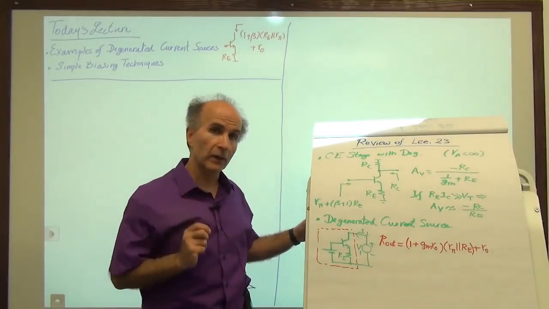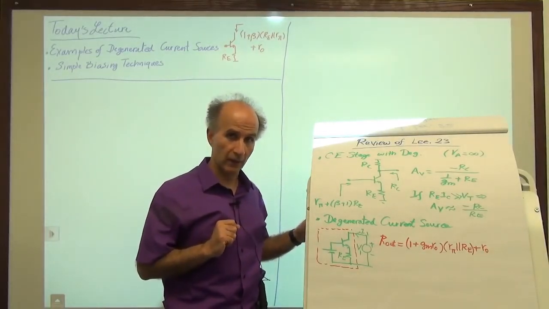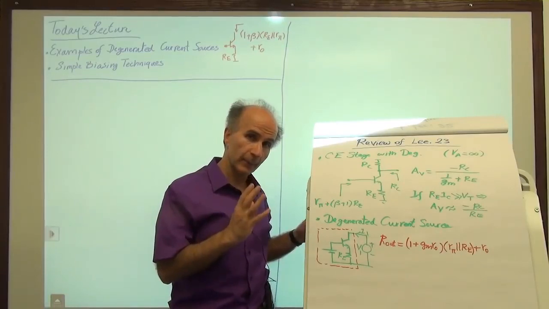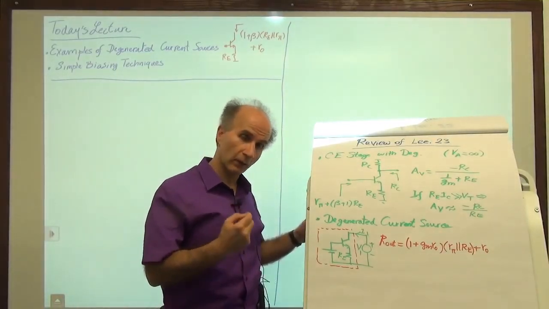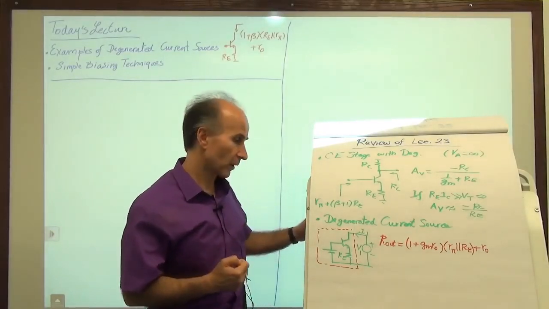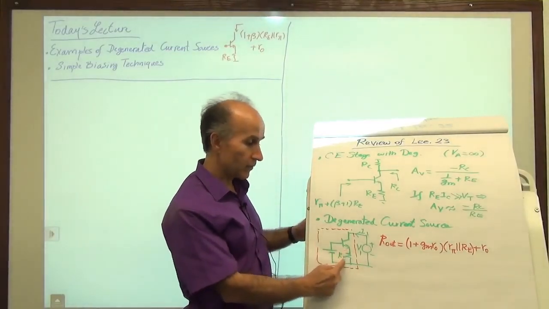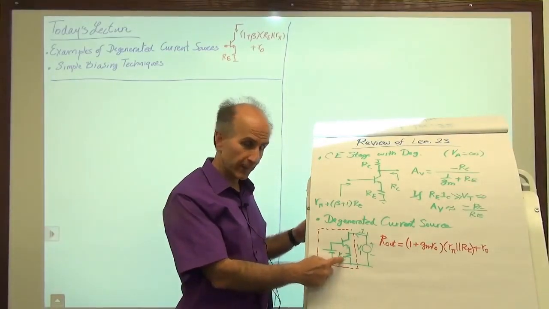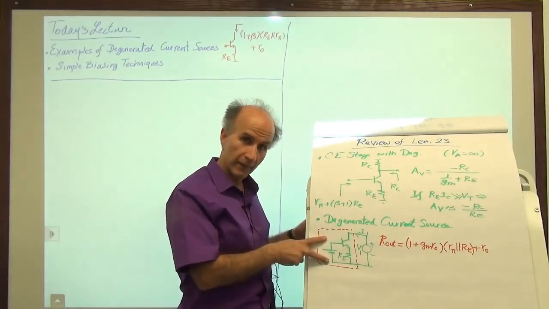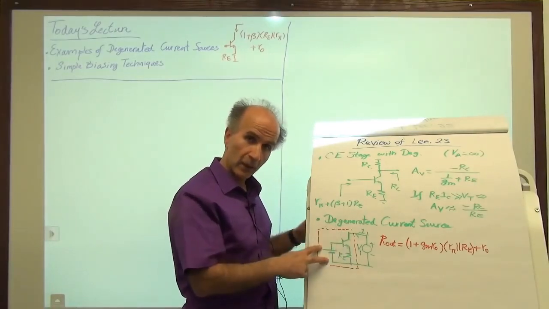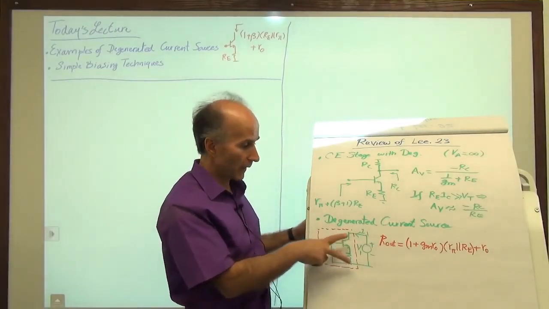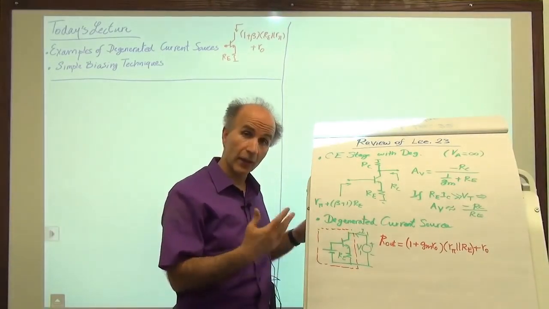Now, one other degenerated circuit that we studied was just a simple current source, a bipolar transistor with degeneration in the emitter. And we saw that when we place the degeneration resistor here, and we bias up the device, and we look at these two terminals as a current source, what we observed was that the output impedance of the circuit has gone up.